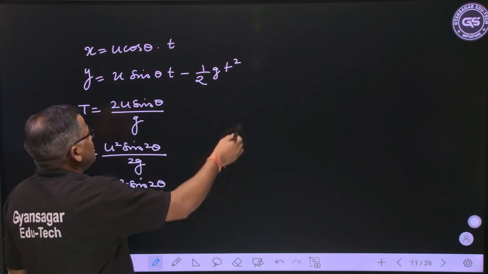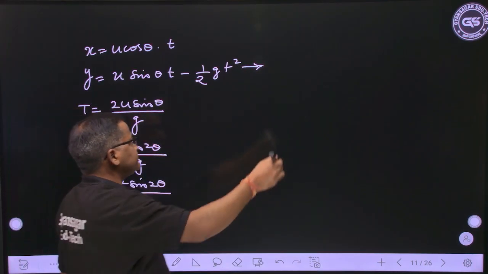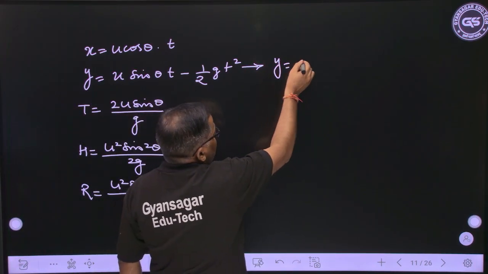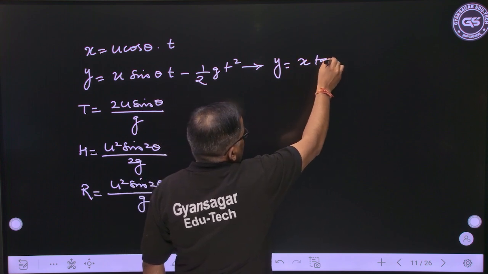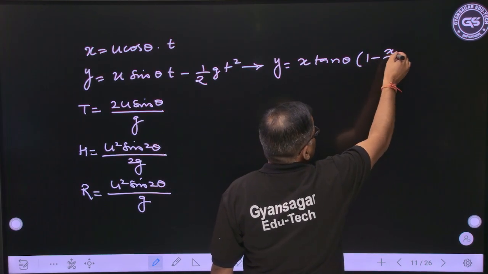Then this equation can be further developed into y equal to x tan theta into 1 minus x by r.